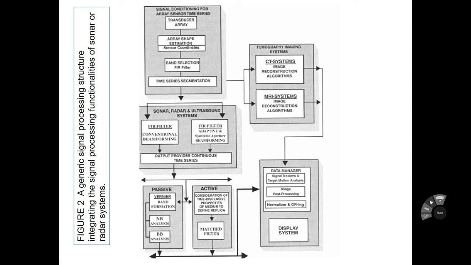Then the time series segmentation. The output of this block is a continuous time series, and the sonar radar processing system in this block uses filtering for beamforming signals, like FIR filter and FIR filter adaptive beamforming.